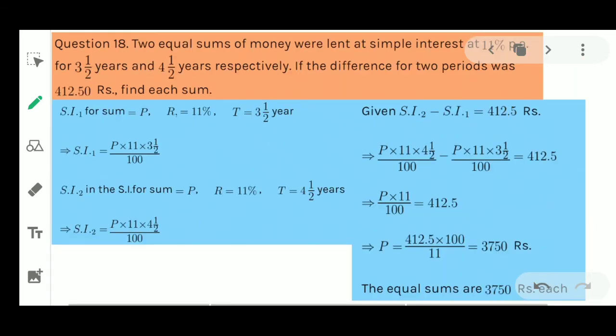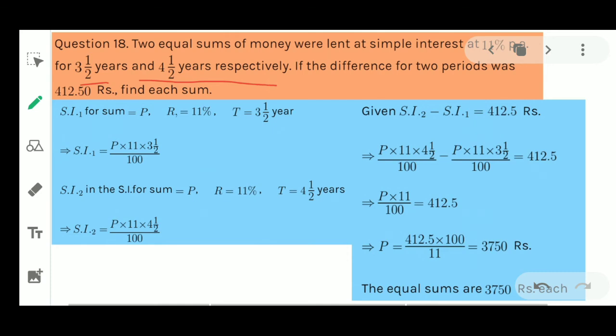Okay, next question number 18. Two equal sums of money were lent at simple interest at 11% per annum for 3 whole 1 by 2 years and 4 whole 1 by 2 years respectively.